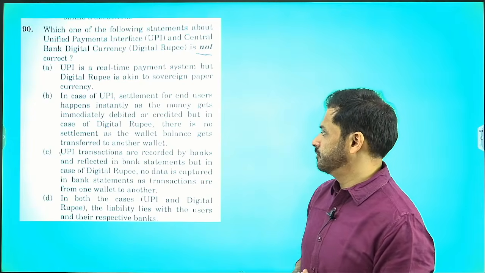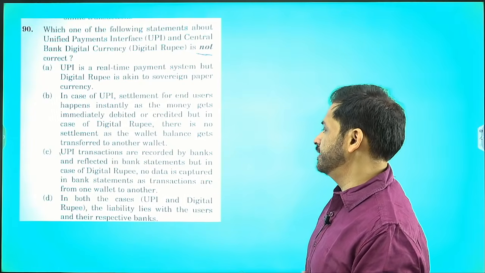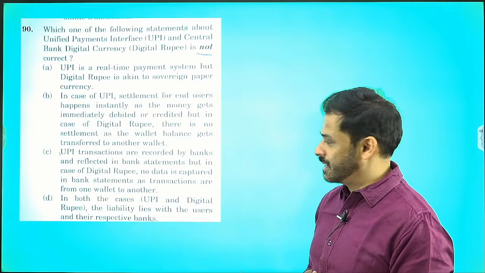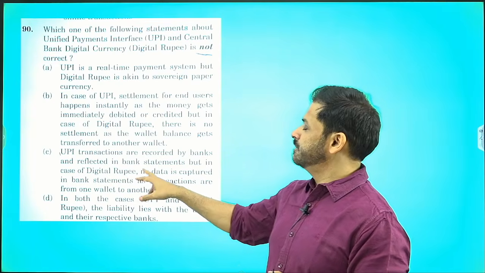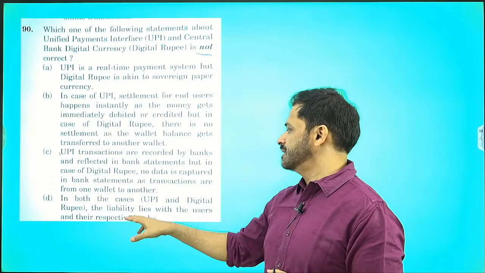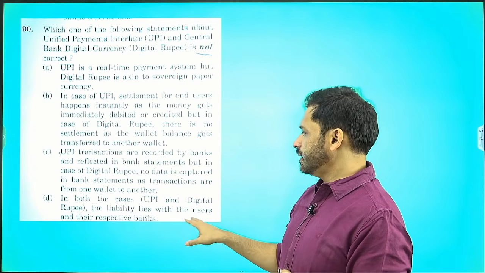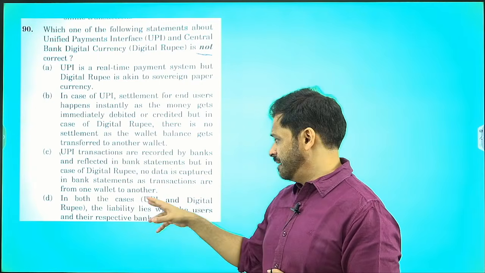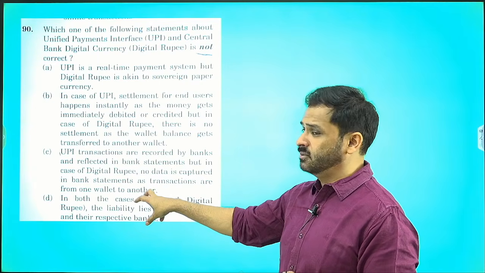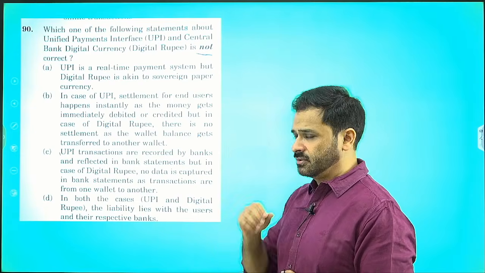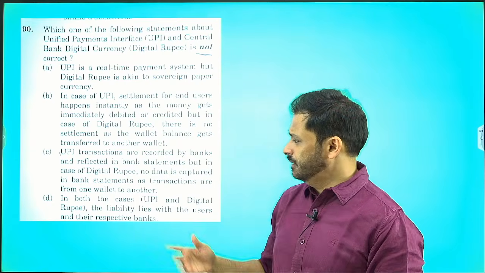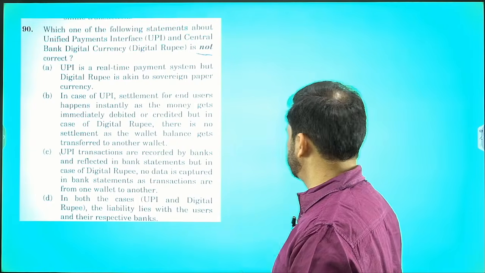In case of digital rupee, the statement does not need to be captured through banking statements. So the third statement is also correct. In both cases, the liability lies with the users and their respective banks. The liability lies with the banks as far as UPI is concerned, yes, but for digital rupee, that's not quite so. For digital rupee, broadly speaking, the liability will lie with the RBI. So the answer will be D for this.